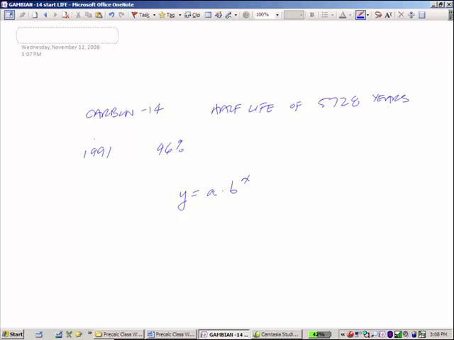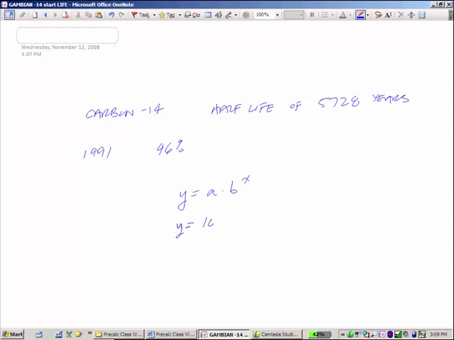Well, they give me a percent, but I don't know what b is. I don't know what a is. What does a represent? Initial. How much did you start off with? Started off with 100%.